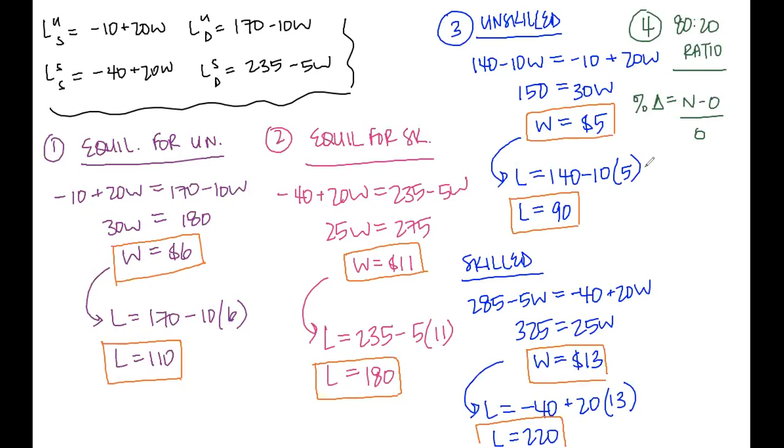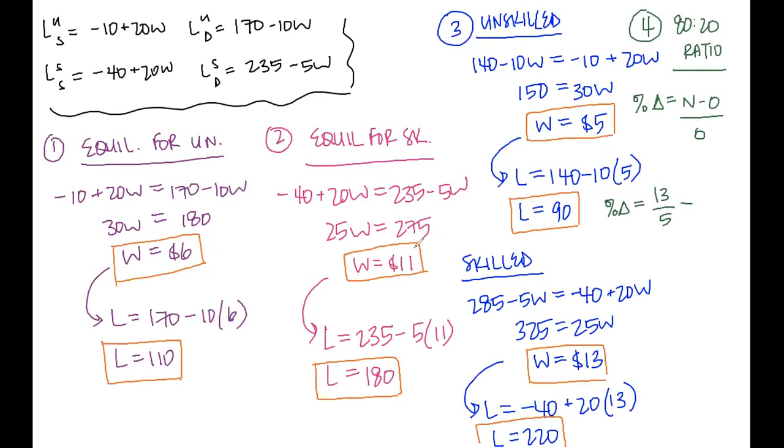So we can see that this percentage change is going to be, so the new 80-20 ratio is 13 over 5 because it's the skilled wages over the unskilled wages. And then we subtract the 80-20 ratio for the old wages that we had before these shifts.